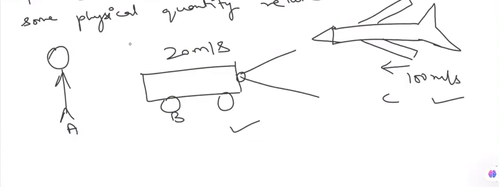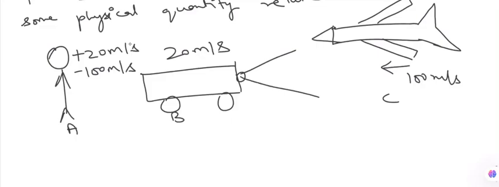Yes, Akshita. Because A is standing at rest, he observes B as going at 20 meter per second, whereas he observes the plane as coming, so minus.